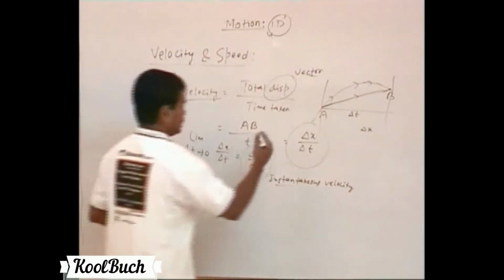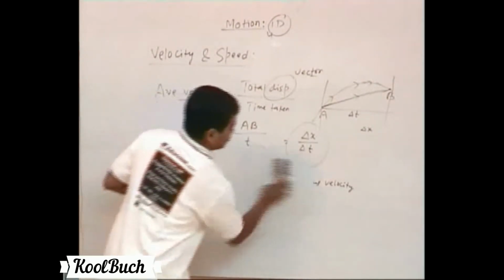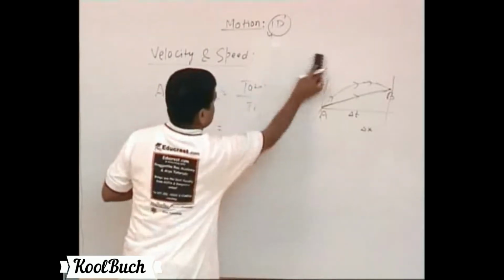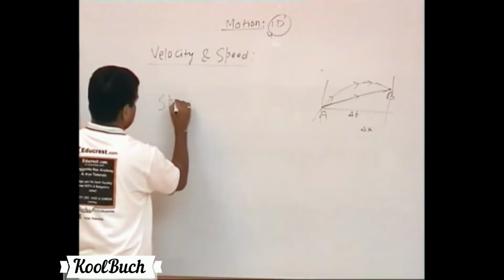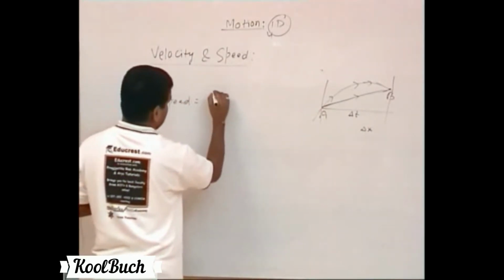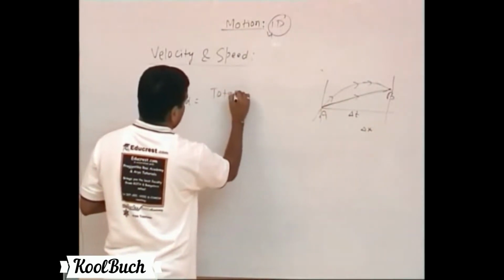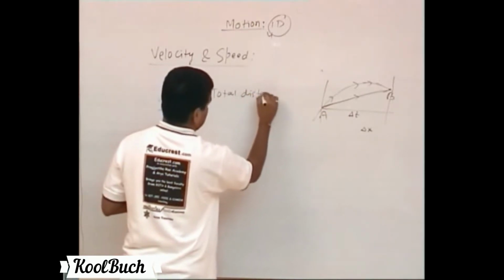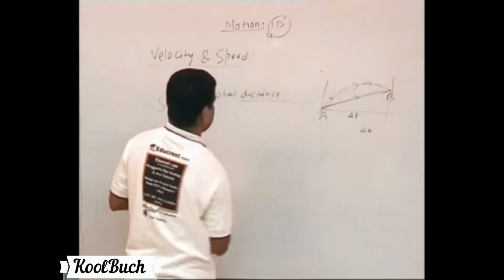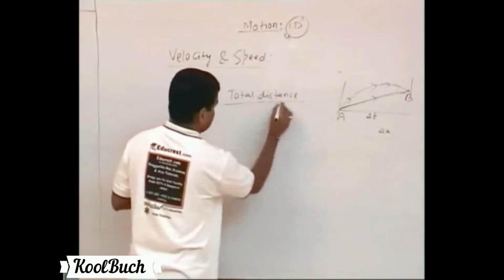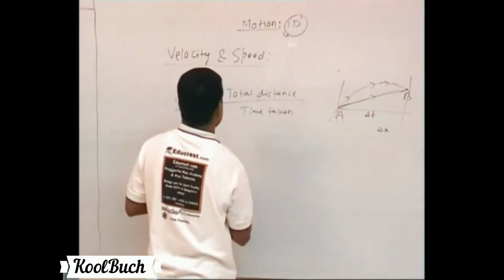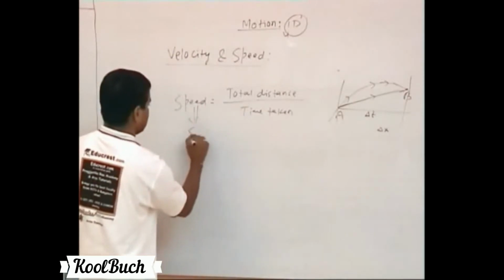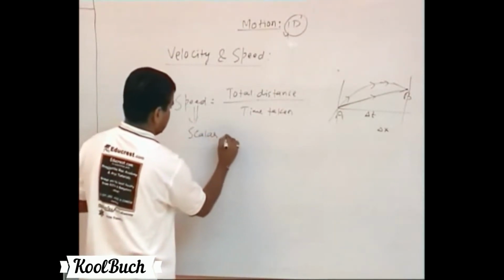Now let's look at what is speed. So we say speed equals total distance, and distance is not a vector quantity, so the total distance by time taken, and hence speed becomes a scalar quantity.